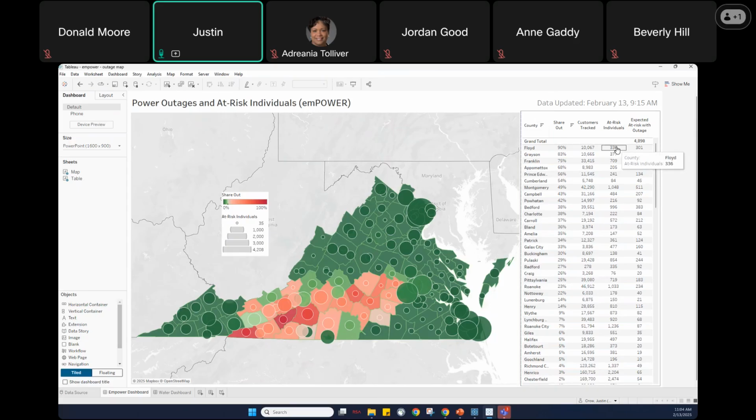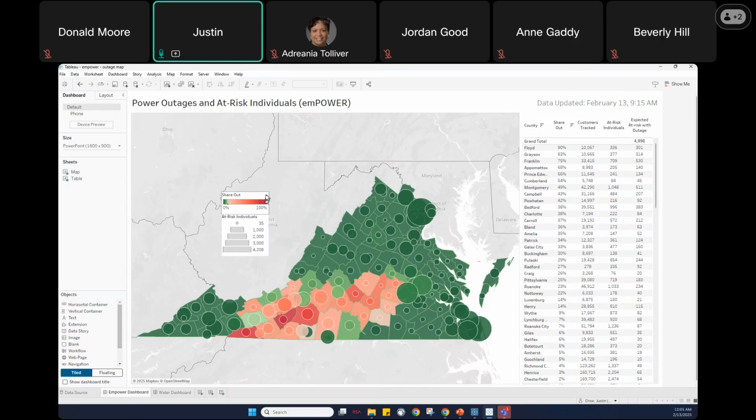And then we just basically multiply the share out with the at-risk individuals to get an expected number of at-risk individuals within each county. That assumes random distribution of power outages and random distribution of at-risk individuals among those customers. That's probably not the case, but this gives us an idea of what we might expect as far as people at risk with needs.